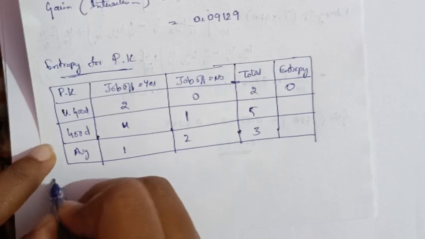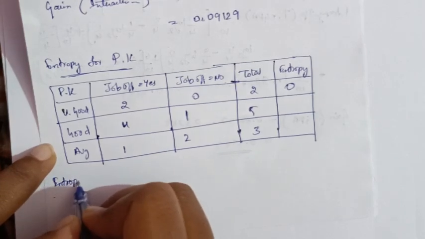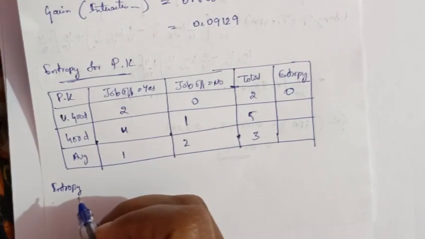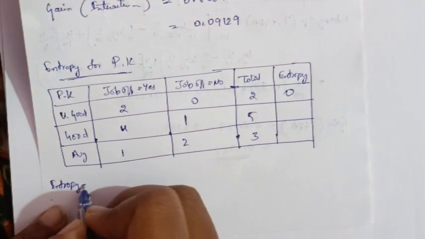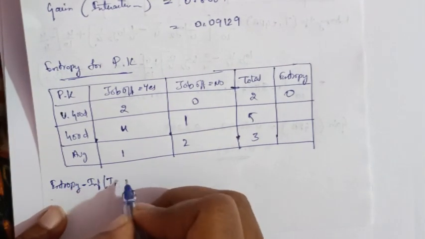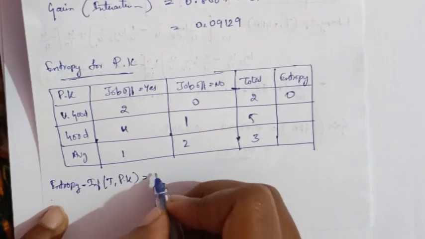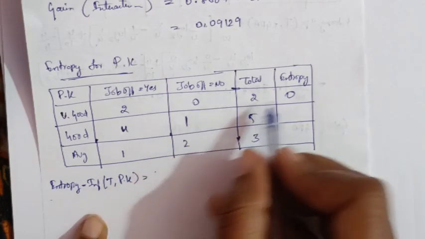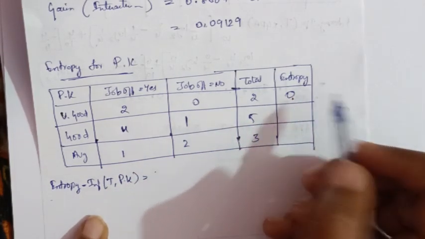Now using the formula, practical knowledge. For this we will get 0, so I am not going to take this.